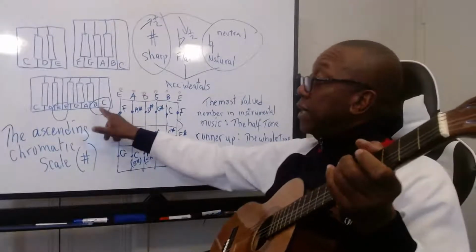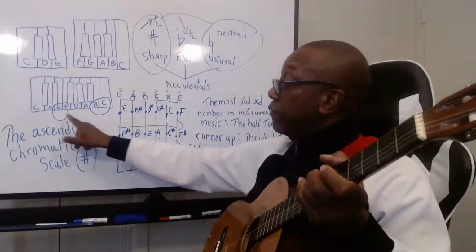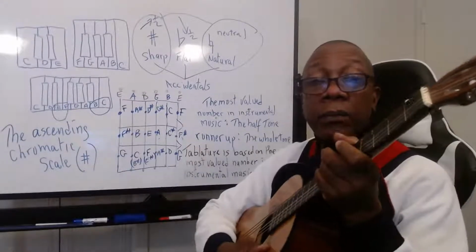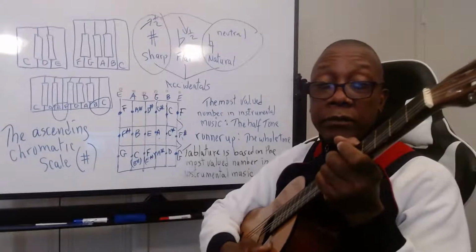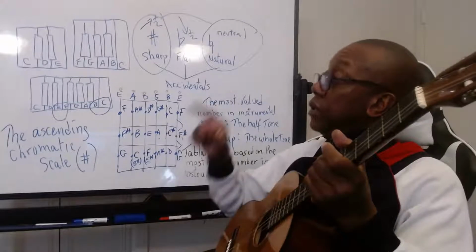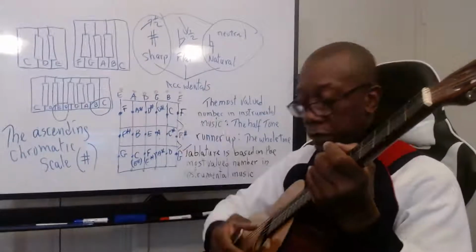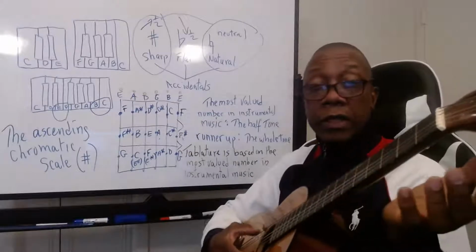Why the emphasis on those half steps that do not have a black note in between when you look at the keyboard or piano? It's essential to learning theory. You need the keyboard. Okay, and then fifth string, open string, nothing going on.